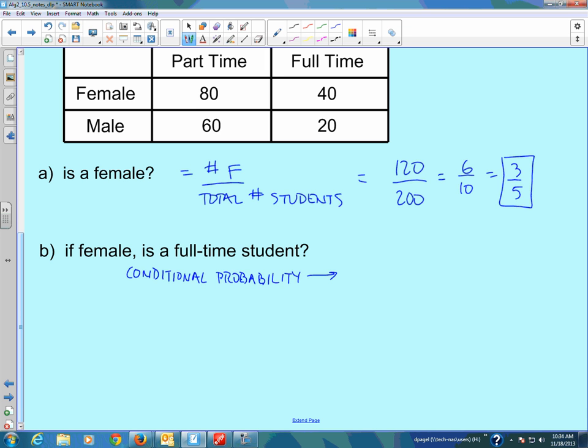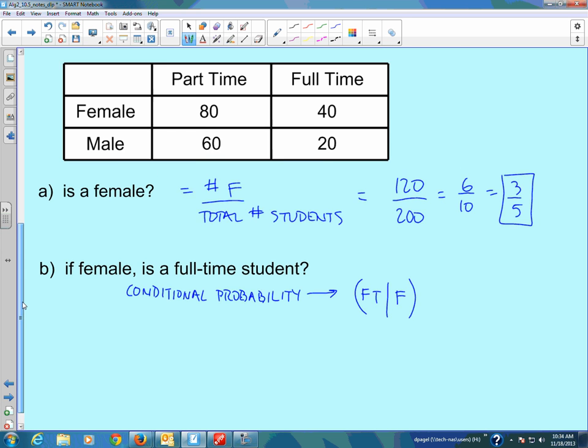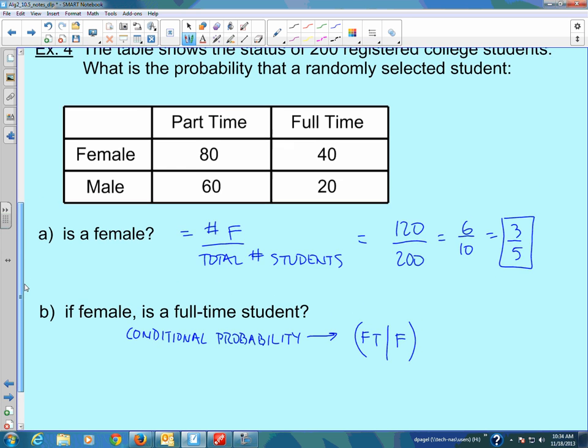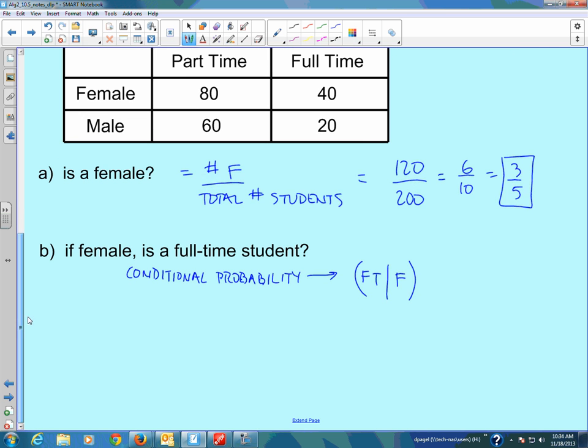And in this case it's, well, we want a full-time student out of the group of females. So that would be my probability notation that I'm going to use here. Well, I should rephrase that. We want a female full-time student is what we're looking for.